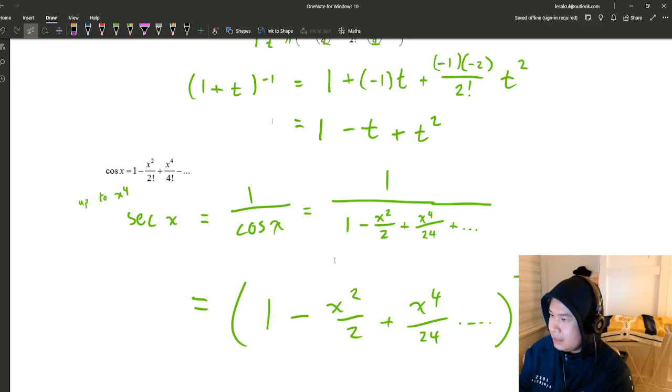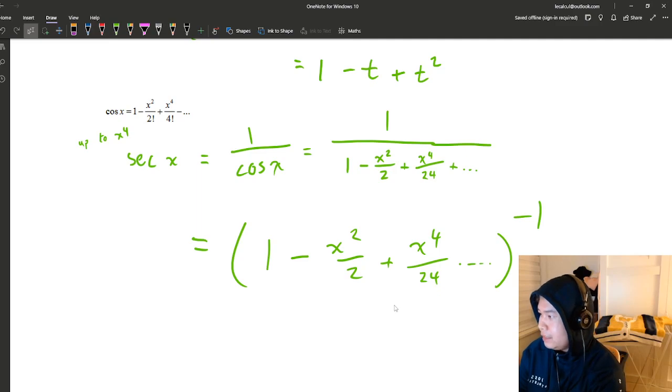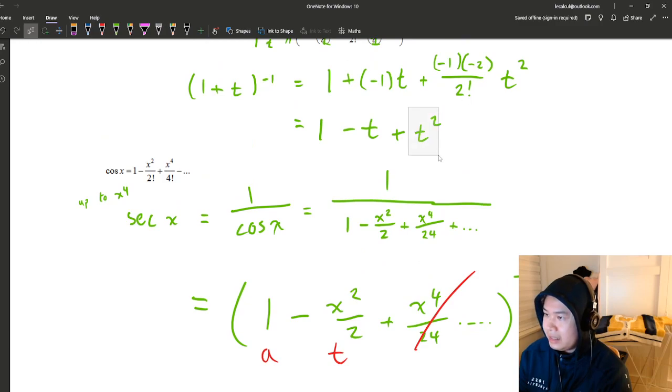how do I explain this? So we want this up to x to the power 4, but that doesn't mean that we include the x to the power 4 here. Basically, if this is my A, and then this is my T, when I just use the first 2 terms and ignore this term, notice that you get a t squared.